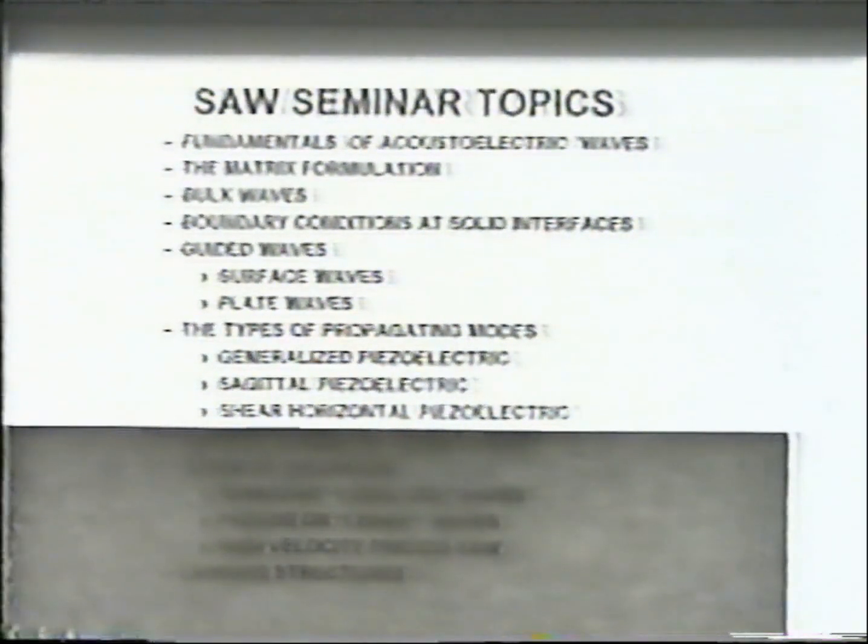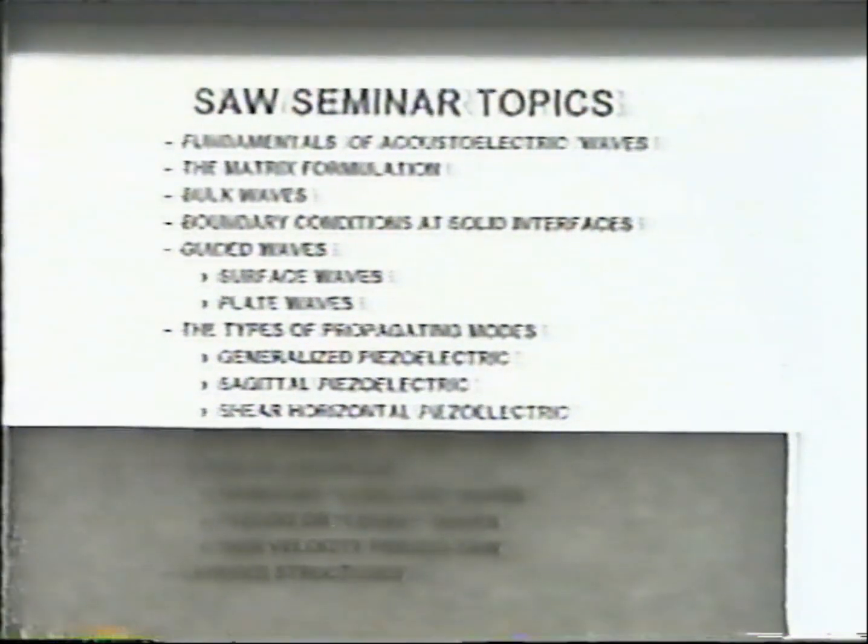There are kinds of waves in which the polarization is in what I call the sagittal plane, and I'll explain this concept a little bit later. And then there are shear horizontal solutions. Now if we think of the top of this monitor as a free surface, and we have the normal in blue and the direction of propagation in green, then the plane formed by these two is what we call the sagittal plane.